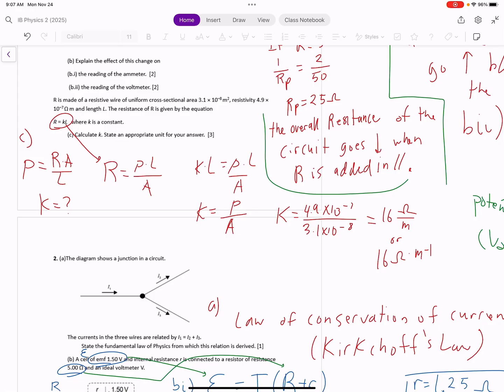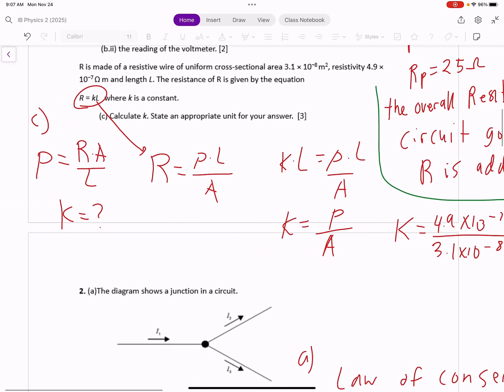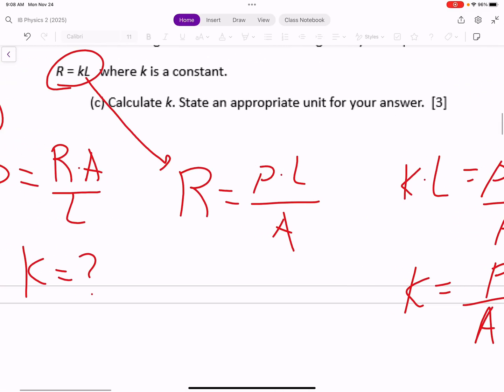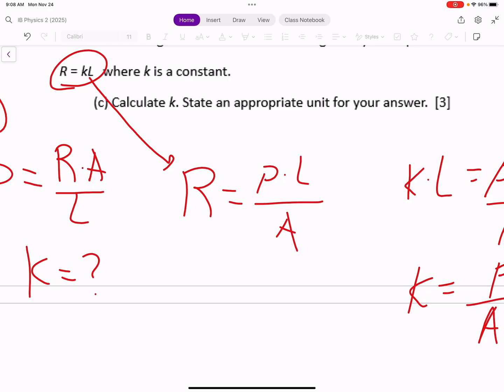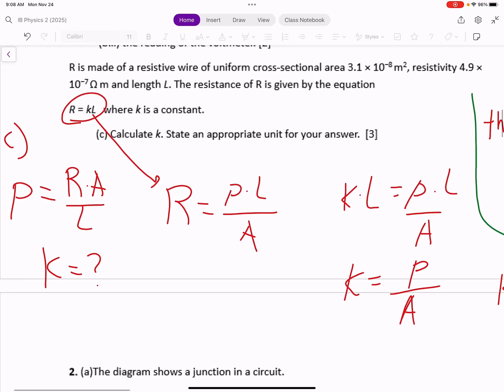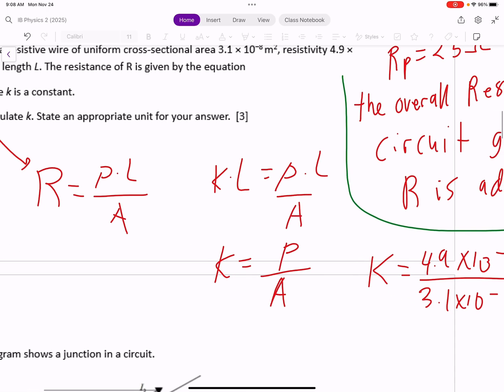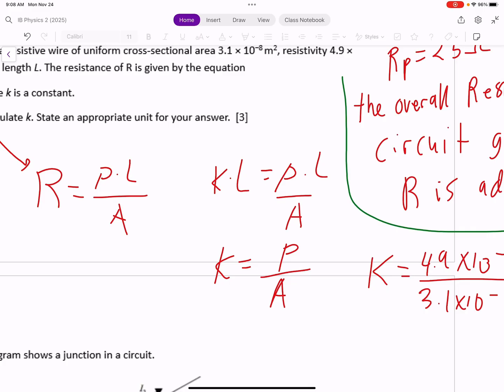This next part here, part C, is all about resistivity. This part doesn't seem too difficult. You're really just going to use the equation for resistivity, but you're going to solve for R. So here it is for R. And then we're going to set these two R equations equal to each other because it says solve for K. Now, K is just a random combination of numbers and variables that the question has created. So we're just going to say, well, what is K? So we're going to solve for K here because we put the R's equations equal to each other.